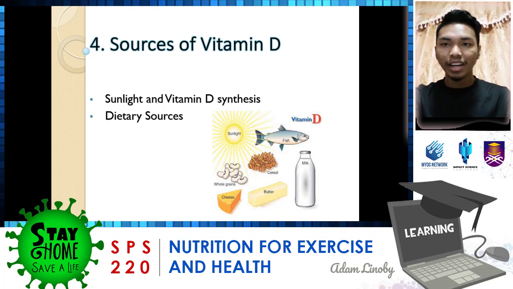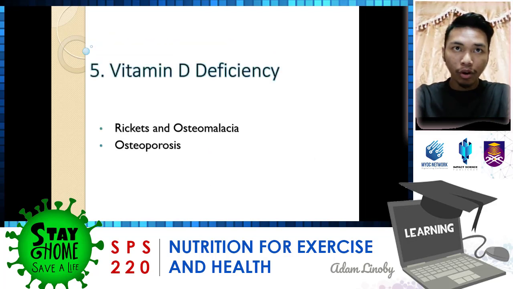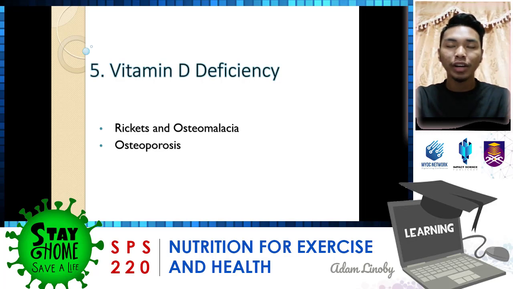And then for vitamin D deficiency, there are 2 diseases that you will get when you lack vitamin D. The first one is rickets and osteomalacia, in which bones weaken and the skeleton fails to harden.